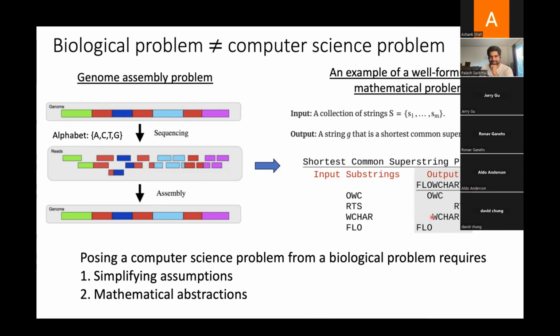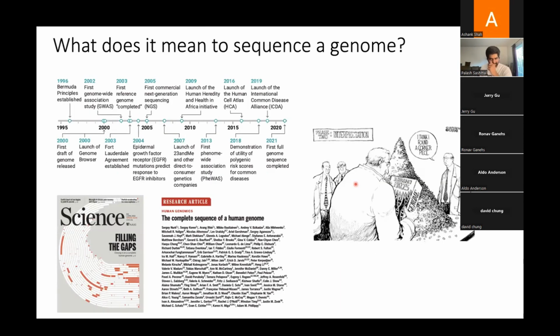I'm not saying this is how the human genome was assembled, but you can think of it as the biggest jigsaw puzzle that has been solved by humankind up till now. This graphic here gives you the timeline of all the major developments that happened until 2021, when we got the first full genome completely sequenced.